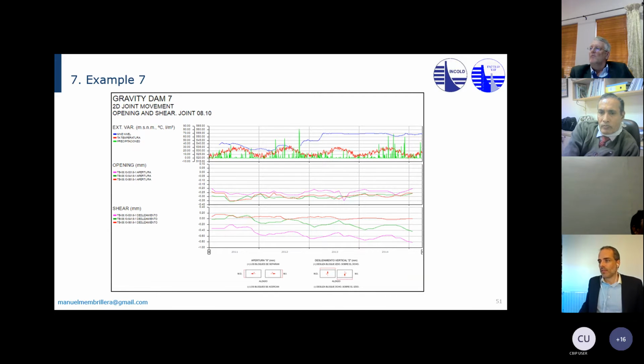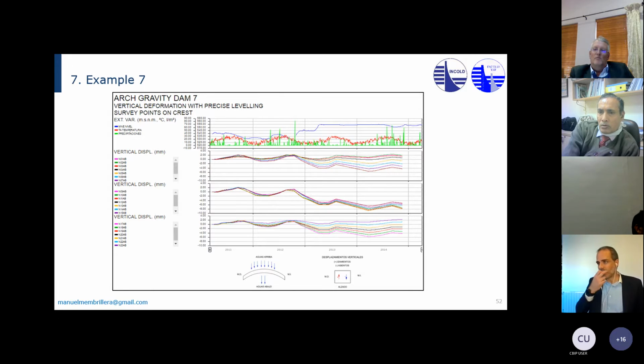Again, opening and shear of the joints. This is the leveling at the crest of the dam, so vertical settlement at the crest of the dam. So time series, all the topographical milestones on the crest, and just have a look how before first filling it is really the thermal reaction of the concrete.